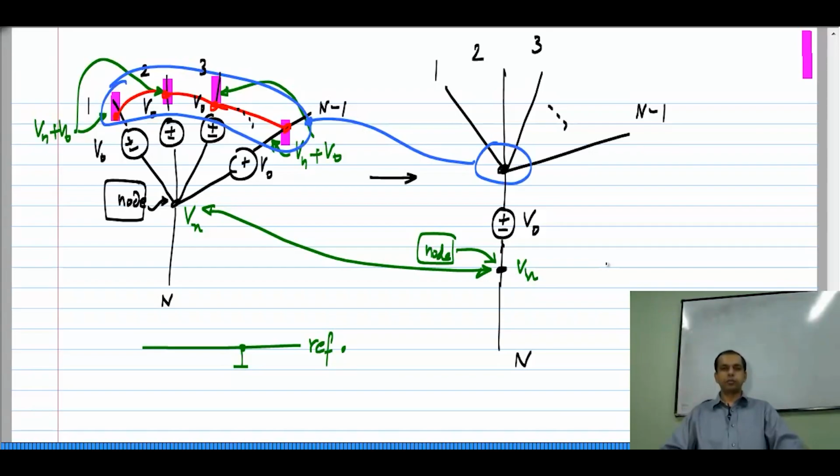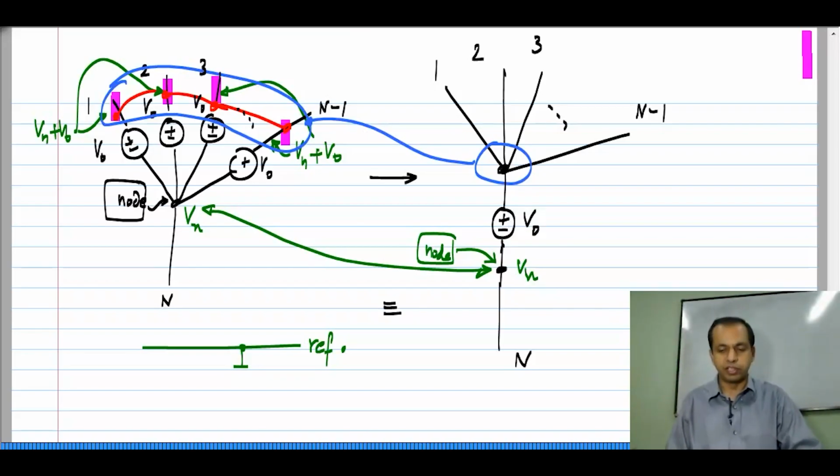So, what do we finally have? If we have a node with n branches, and let us say n minus 1 of them have this voltage in the same direction and of equal magnitude, then it is the same as having that voltage in the single branch, the nth branch in this way. So, these two are exactly the same as each other.